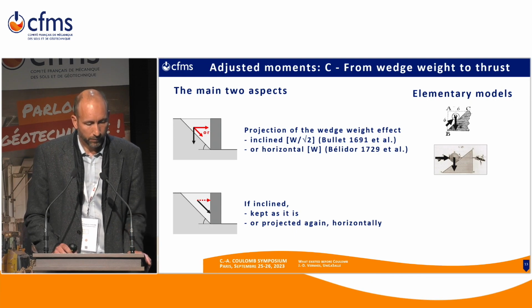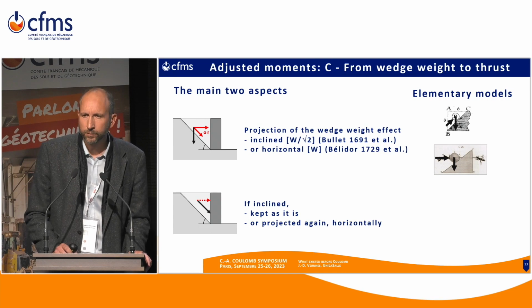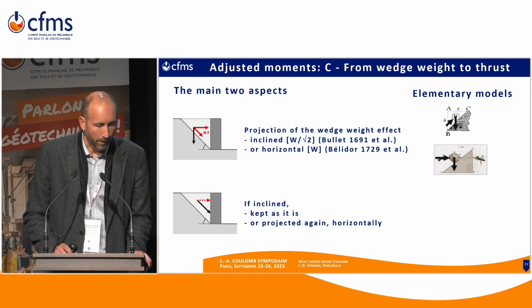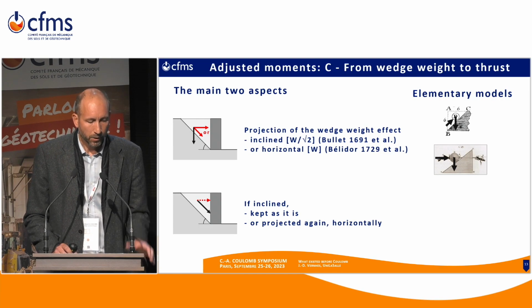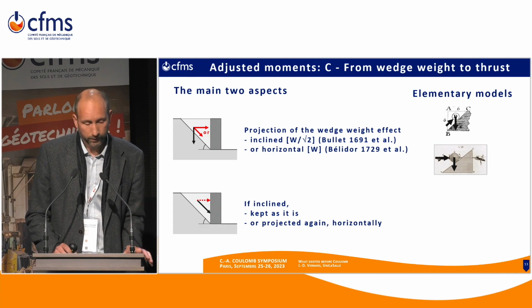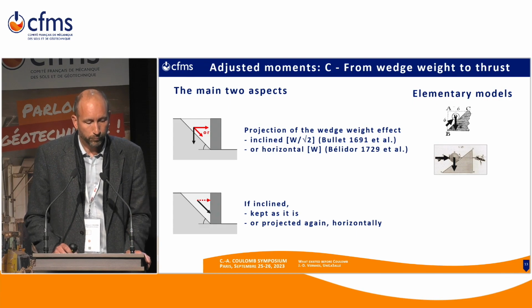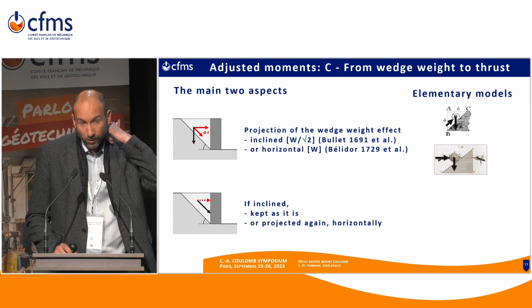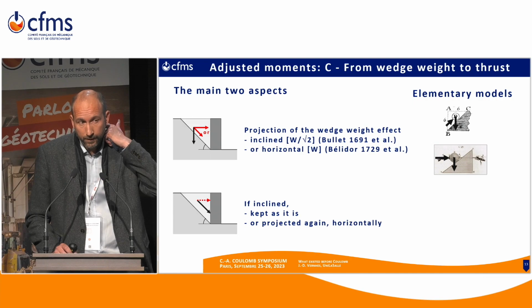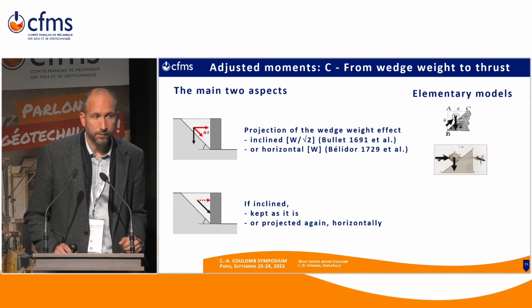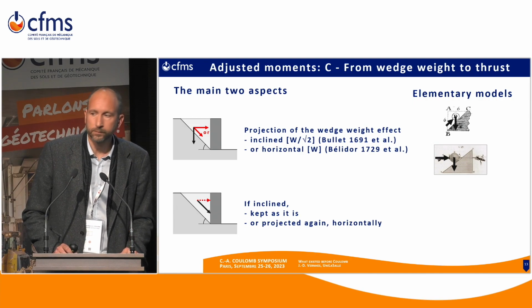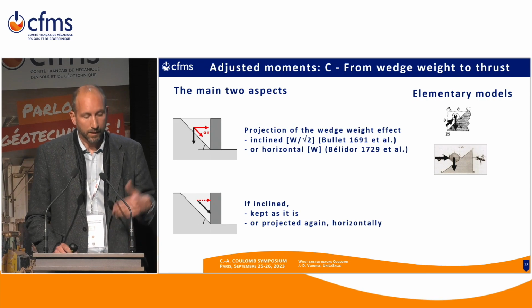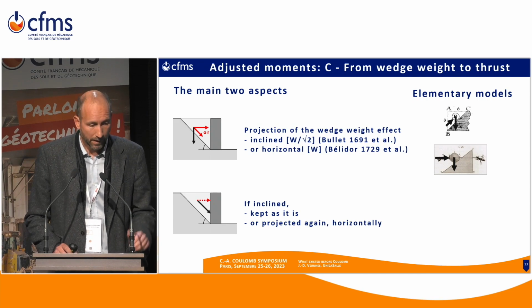A very different approach is the one introduced in 1729 by Bélidor, who decided to consider a ball again on an inclined plane, which would be stopped not by an inclined force, but by a horizontal force directly. And this is the same approach as Coulomb in 1773, because he used a horizontal force and no other direction.